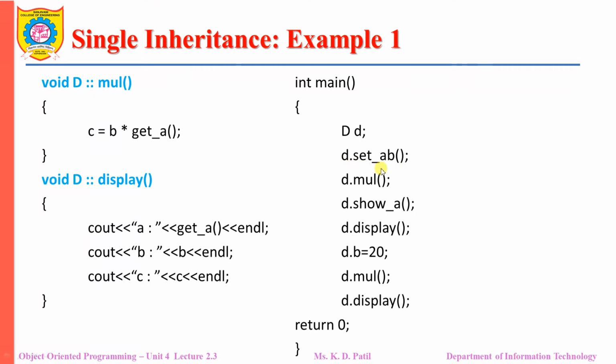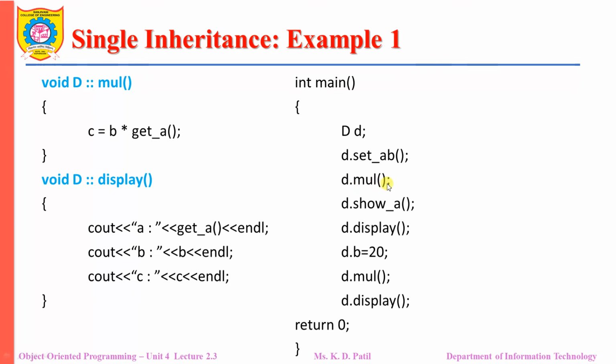Through that setAB, the values 5 and 10 will be assigned to A and B respectively. Through that mul function, which is the member function of derived class D, multiplication will happen.